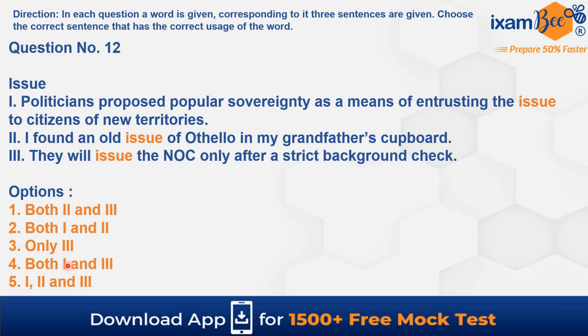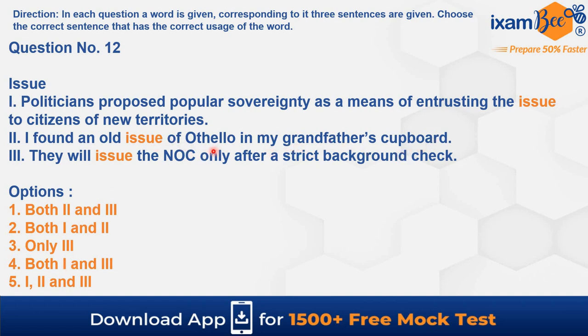So, issue. Now, what can be the meaning of issue? See, let's read the first sentence. Politicians proposed popular sovereignty as a means of entrusting the issue to citizens of new territories. Now, issue here means what? A subject of matter, right? So this is correct. Second sentence, I found an old issue of Othello in my grandfather's cupboard.